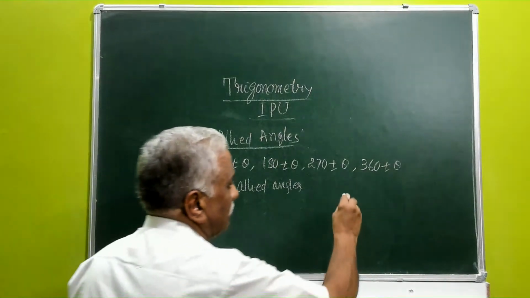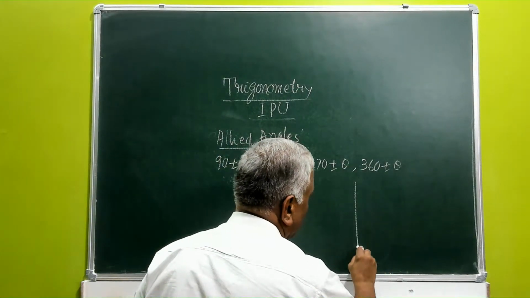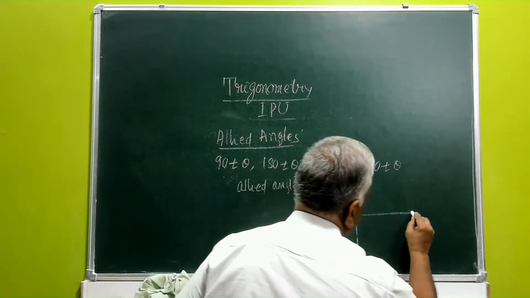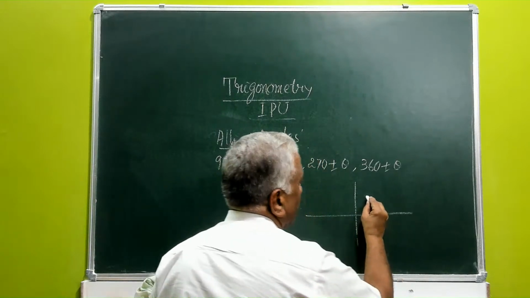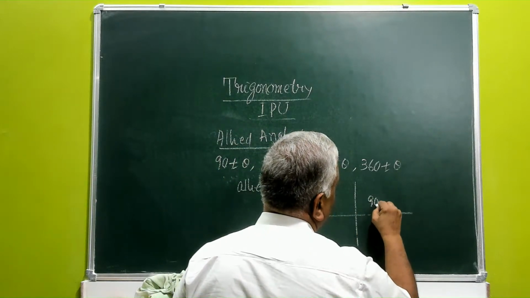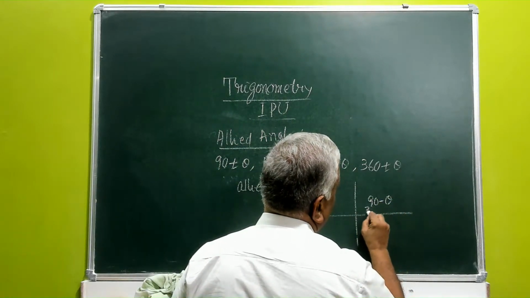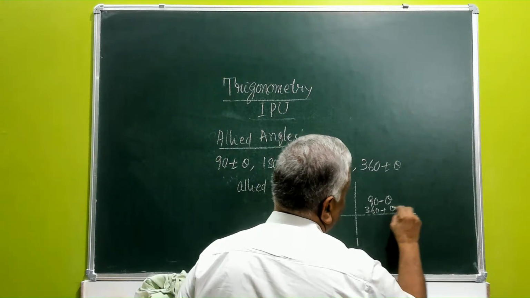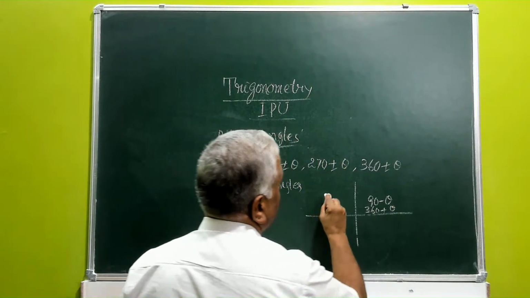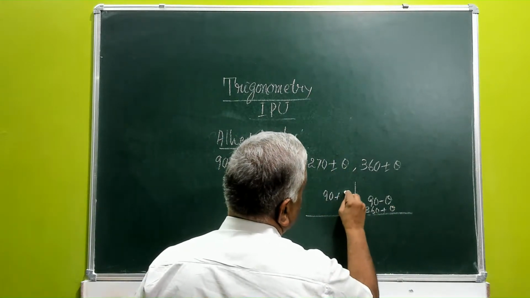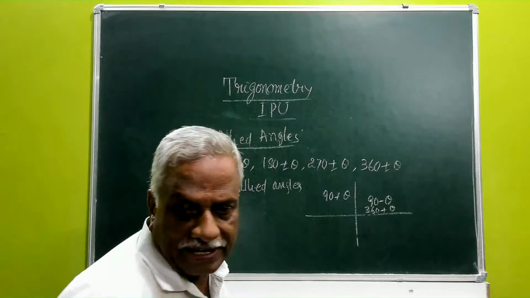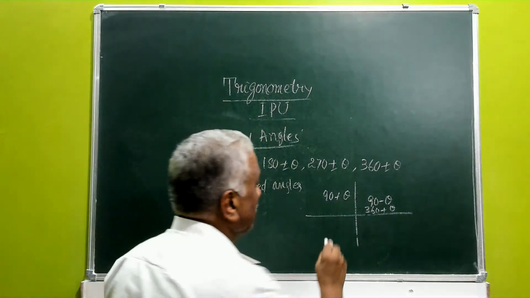So this triangle will have 90 minus theta and 360 plus theta. This will have 90 plus theta and then 180 minus theta.